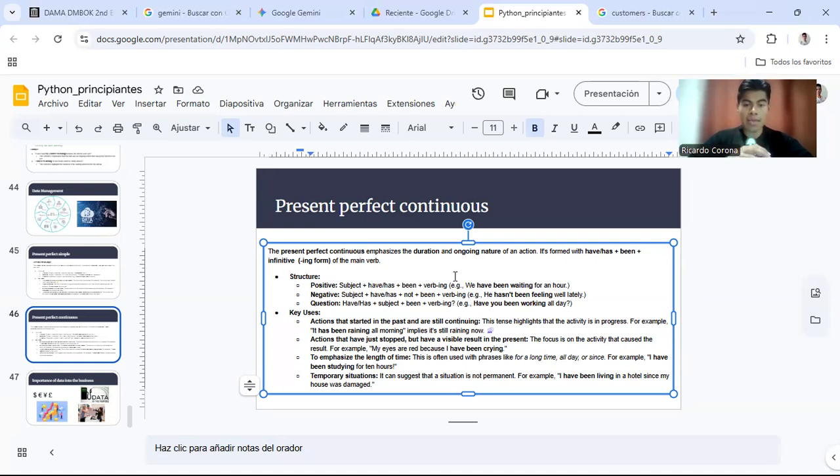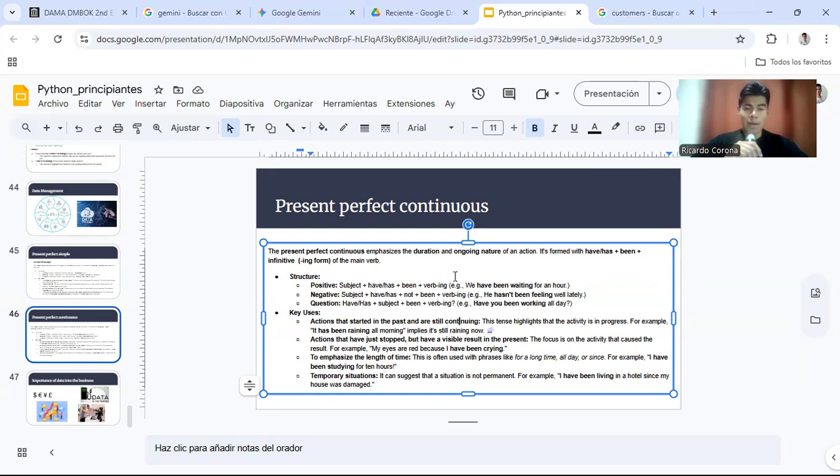Negative: subject plus have or has plus not plus been plus verb in ing form. Like this: he hasn't been feeling well lately. Or we haven't been going there yet. This is the example.